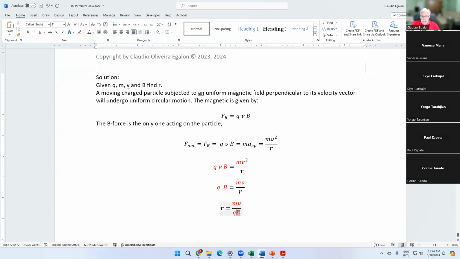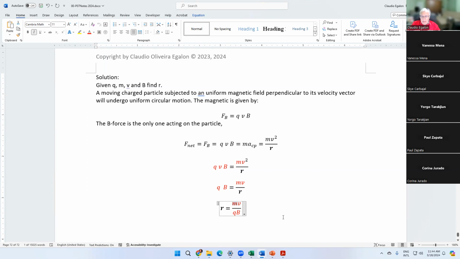The stronger the magnetic field, the tighter the orbital radius of the particle. The faster the particle goes, the larger the radius is. The particle has more inertia, consequently it's going to curve less.